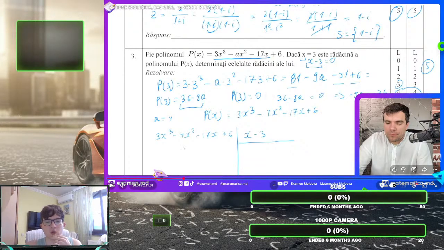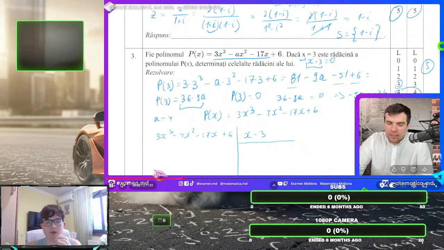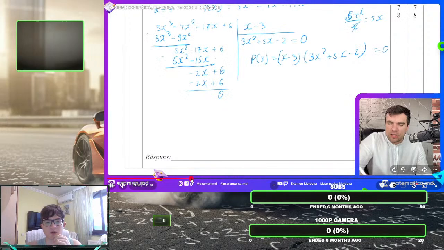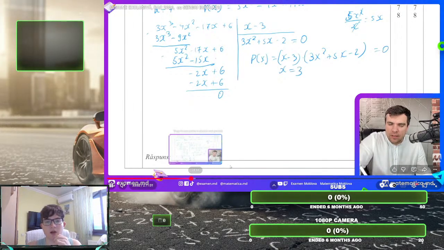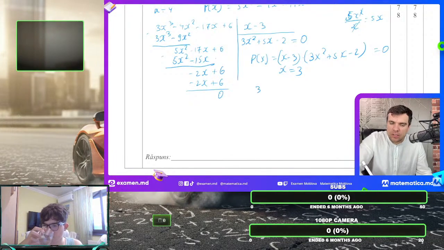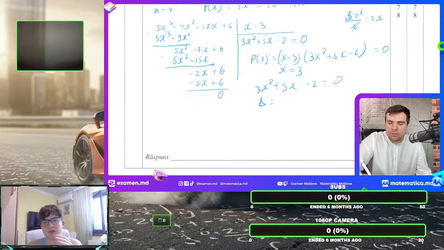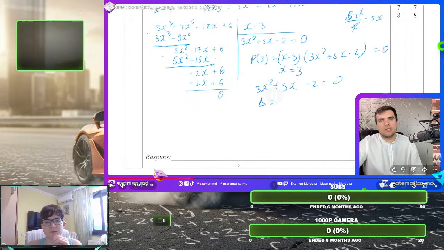P3 is equal with 0, as it is a root, divide, and in terms of this, I remember the polynomial division, no problem, I'm a genius. Boom, x minus 3 right there. Parentheses open like that. All of that. What we get, we equal to 0.